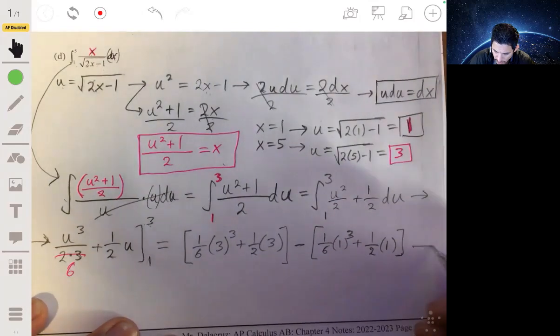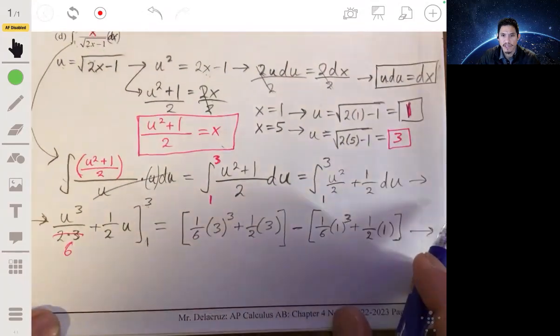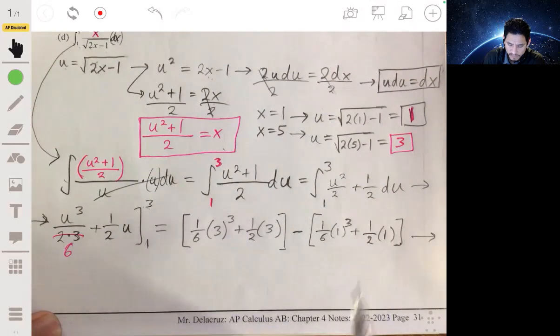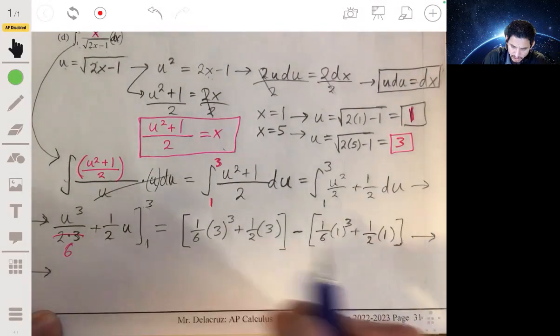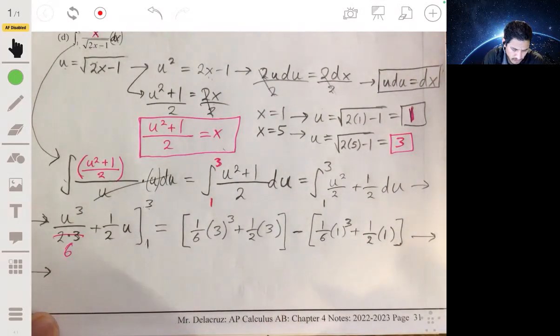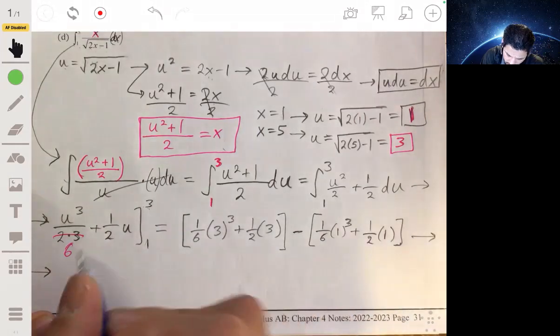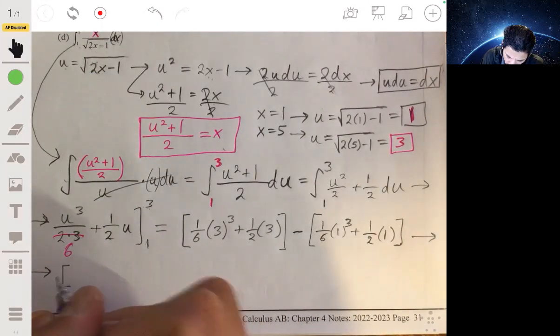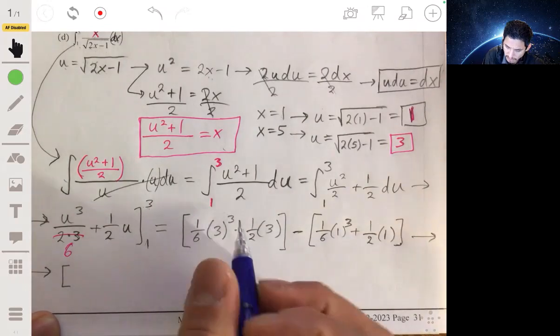This is just algebra. And this is actually where I get a little paranoid because I freak out that I might mess up on a simple algebra calculation. So let's see if I don't. Hopefully I don't.